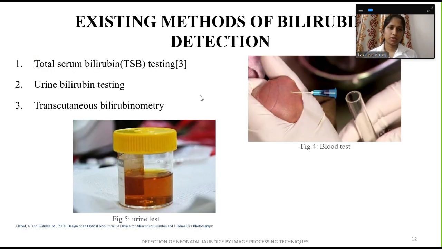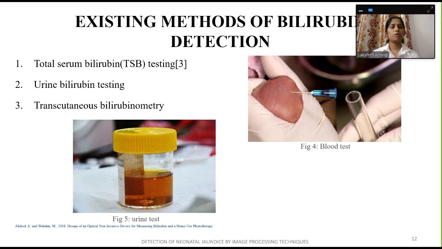Next are the existing methods of bilirubin detection. The first method is total serum bilirubin testing, which is mainly conducted through blood tests. The blood is taken from the heel, which is a painful task for the babies. The next is urine bilirubin testing.